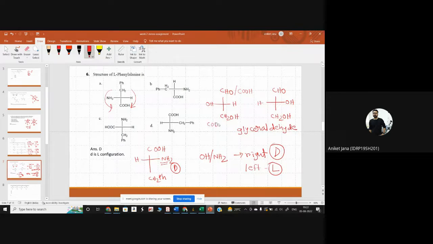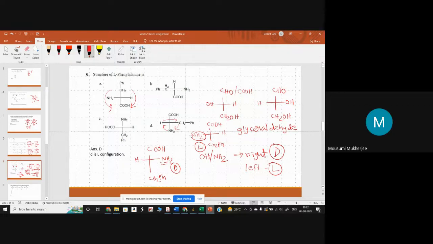The upper carbon is fixed, and we can shift this group, and hydrogen will then come. It becomes L, on the left side. So the right structure of L-phenylalanine is the last one, right?